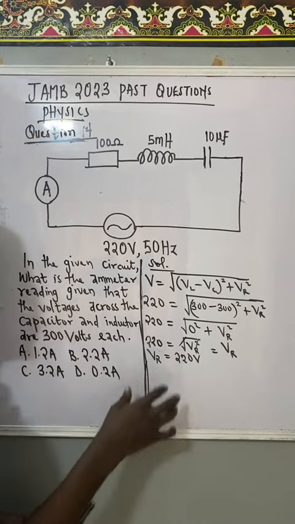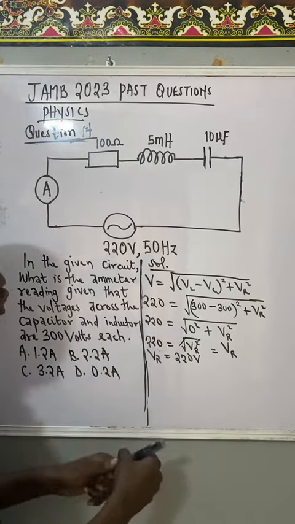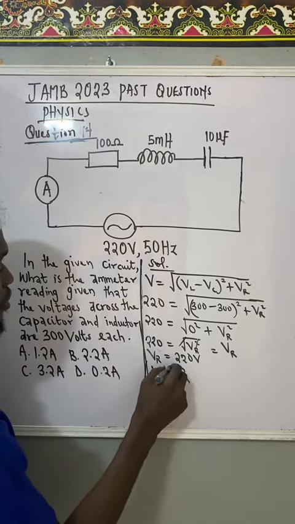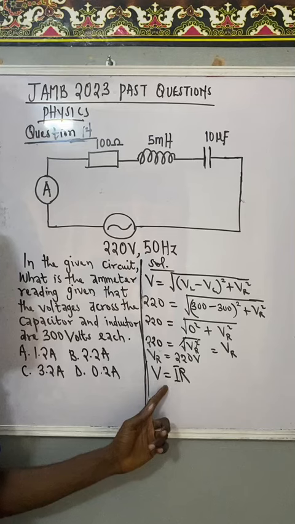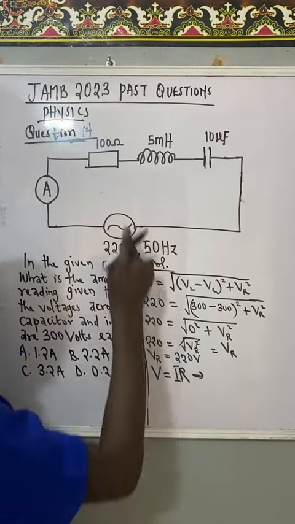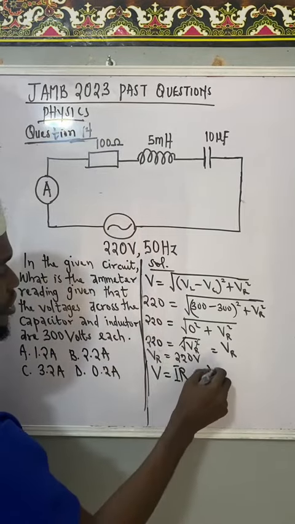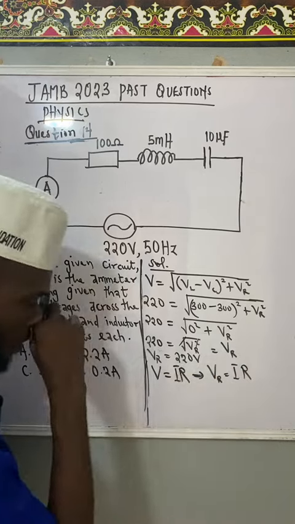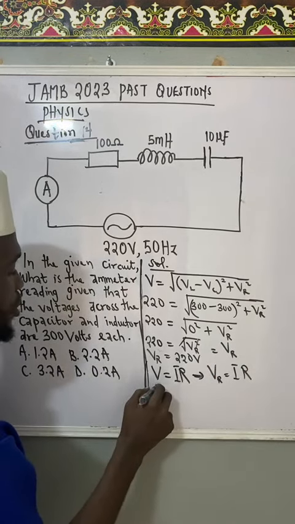Now, from here, we can use Ohm's law, which says that V is equal to IR. So we can use it to get our current. In order to get the current flowing through this, we can write VR equal to IR. Let me make I the subject of the formula.